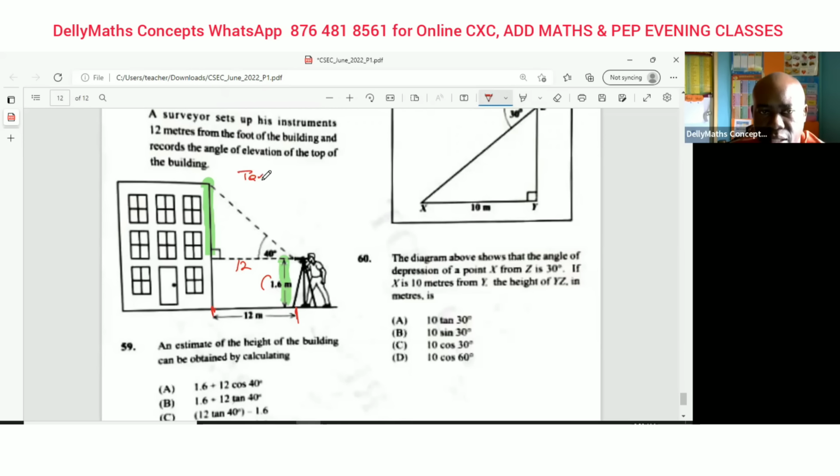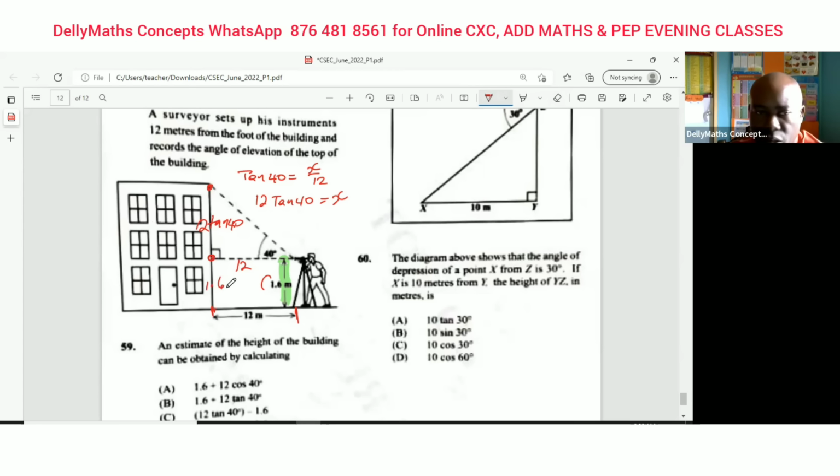I could say the tangent of 40 degrees is equal to, let us say I call that x, which is from here to here, x over 12, which means x is equal to 12 tan 40. So I just found that this distance is 12 tan 40, and I want to add that to 1.6.